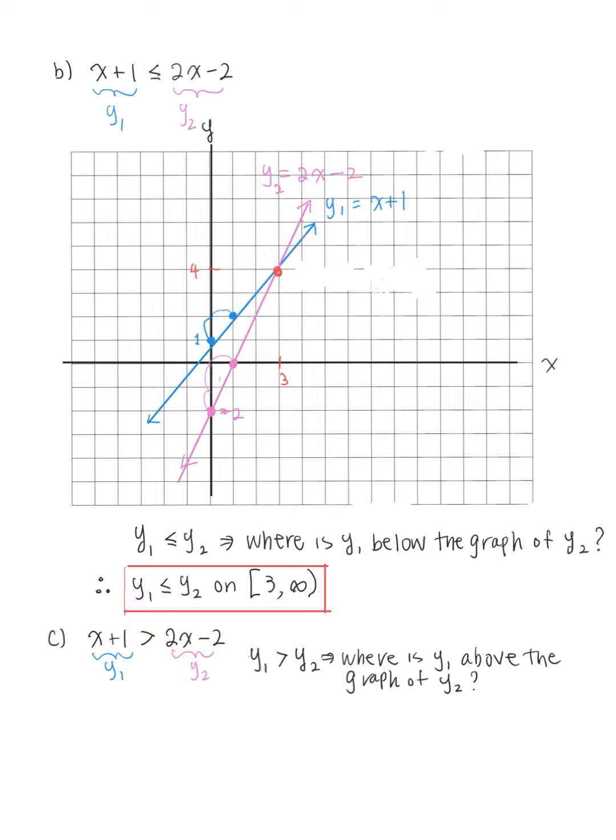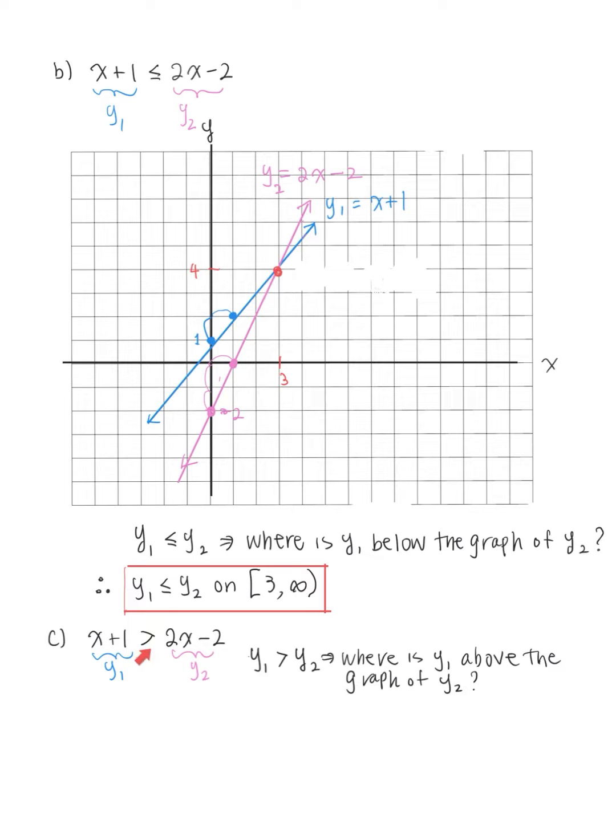Well, it's going to end at x equals 3, but 3 is not included because we have a strict inequality here. But do you see that this line's going to keep going down, down, down like this, and then this pink line is always going to be below the blue line from negative infinity all the way up to x equals 3.